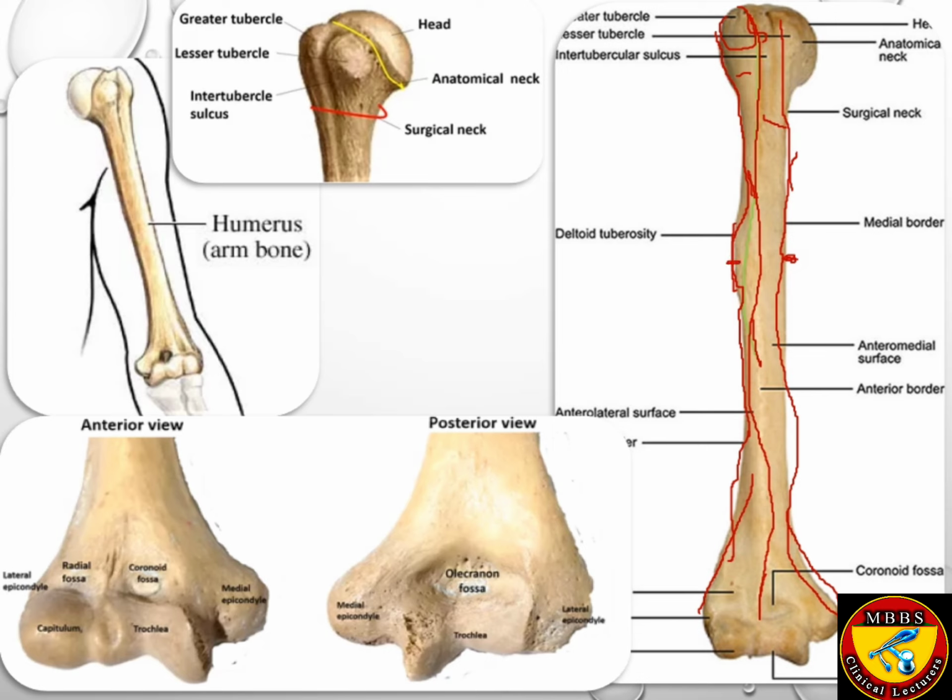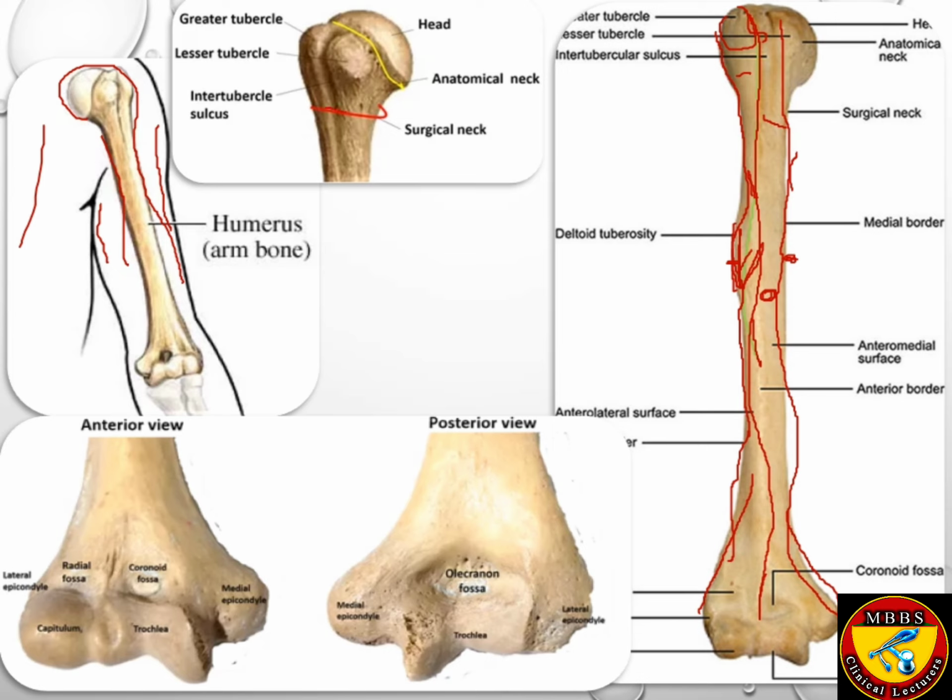The anterior medial surface is marked by the nutrient foramen. The anterior lateral surface is marked by the deltoid tuberosity in its upper half, whereas the posterior surface is marked by the radial groove. This is the body, this is the arm, and this is how you can see the anatomical position of the humerus.